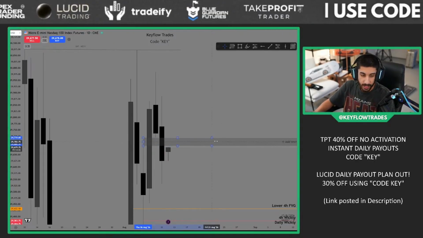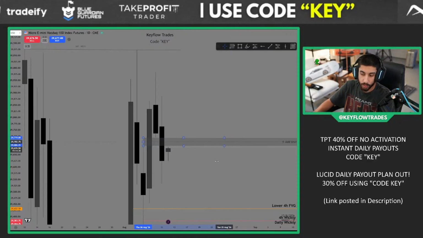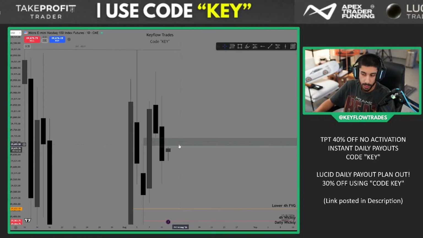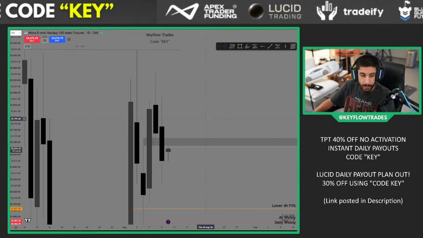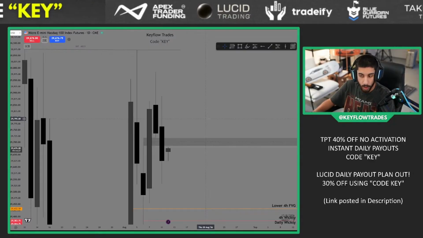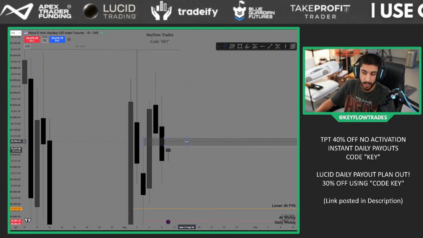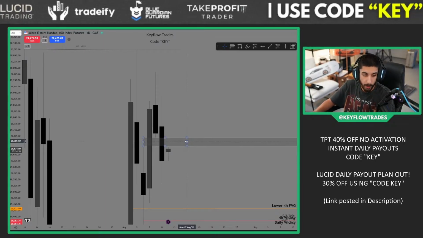So this inverse fair value gap doesn't mean anything. It means absolutely nothing. Can it still play out? Sure. Is there a high likelihood of it playing out? No. The probabilities of this inverse fair value gap playing out to the downside are pretty low, so it's not something you would want to bet on as a trader.